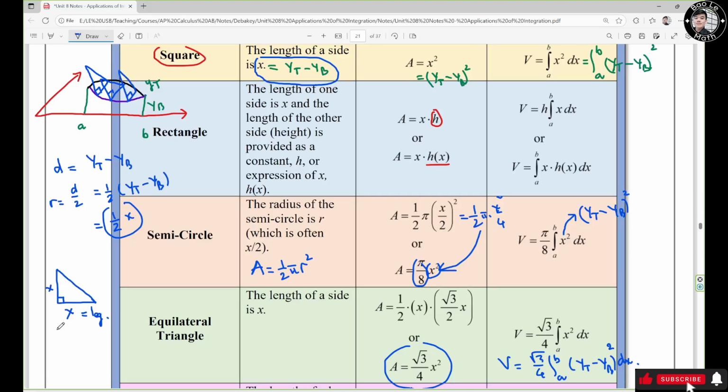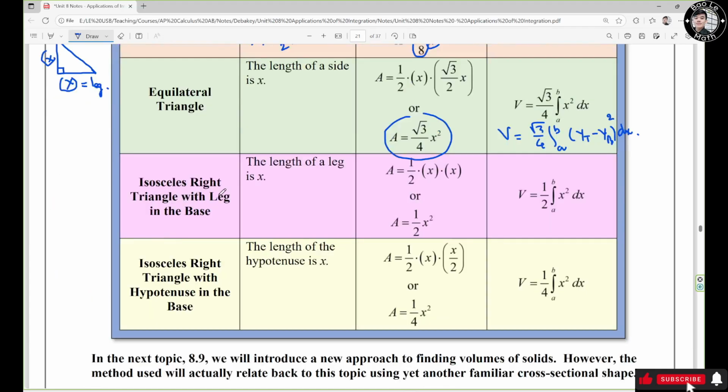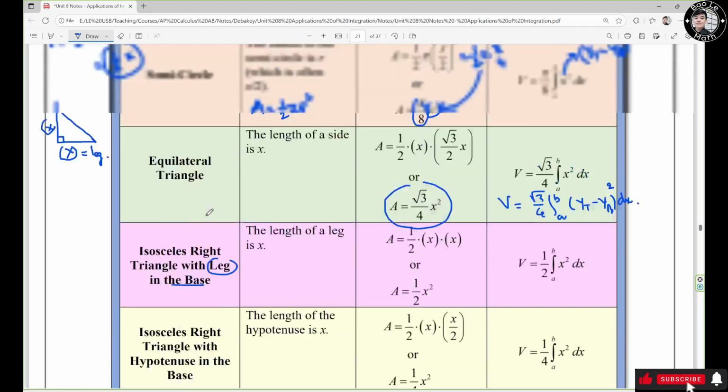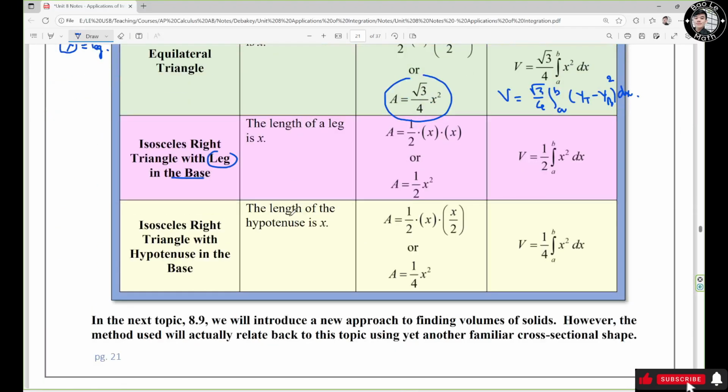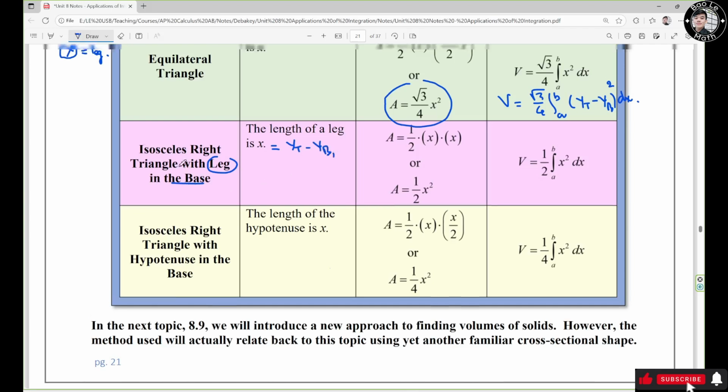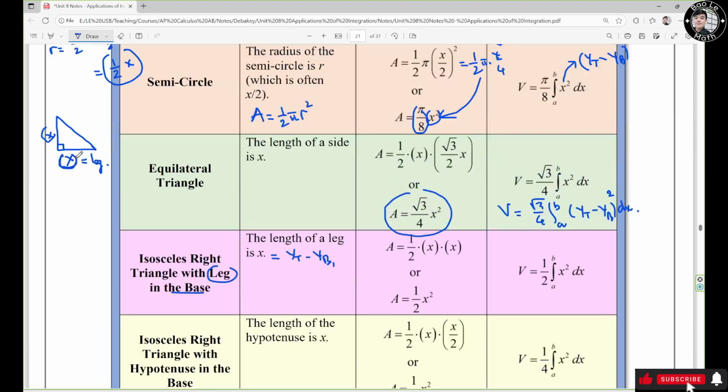Now the area is base times height, right? So base right here, height right here. The base and the height should be the same because this is an isosceles right triangle. The base is going to be the difference between two functions, y top subtract y bottom. And remember, the height must be the same.